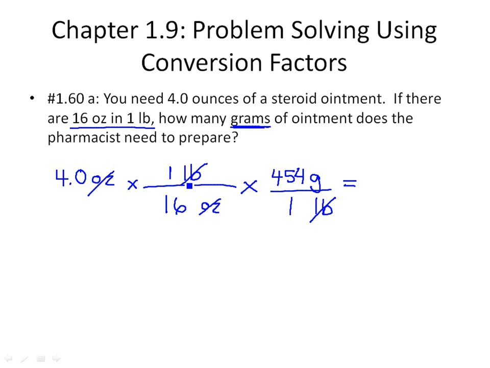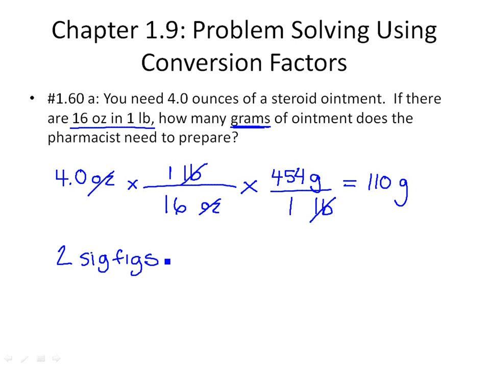If we do the math, you multiply everything on the top, so 4.0 times 454 divided by 16 times 1, we should get about 110 grams of steroid ointment that we would need. It tells us that we want 2 significant figures.